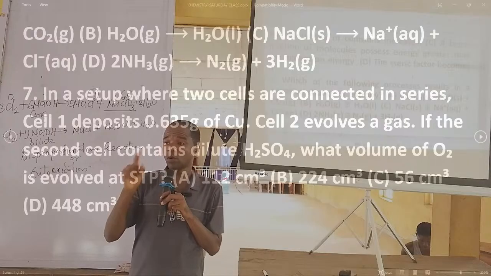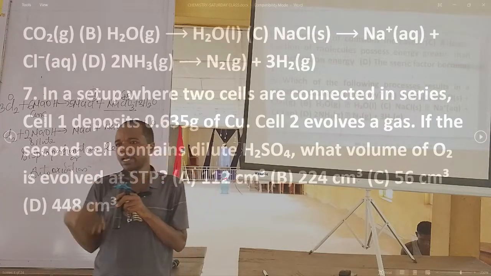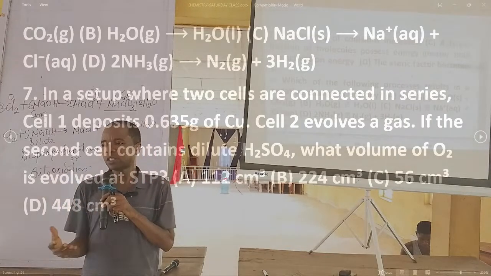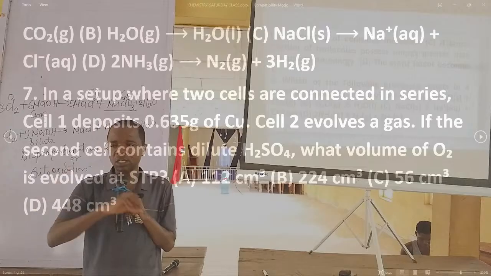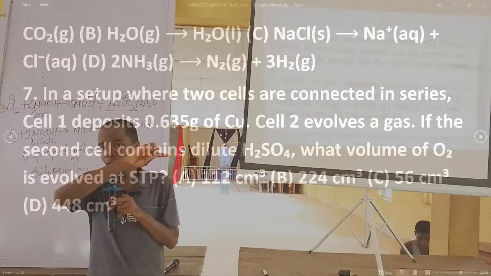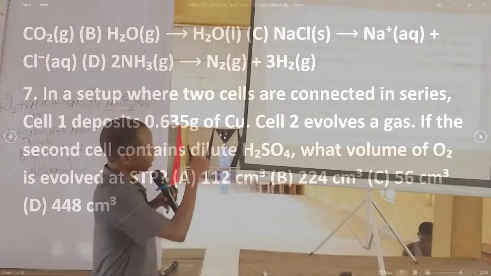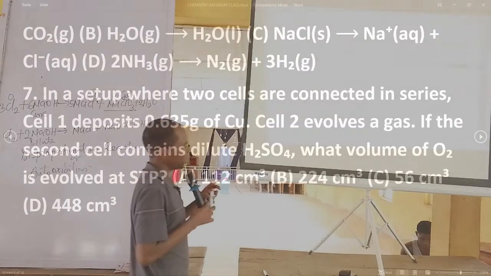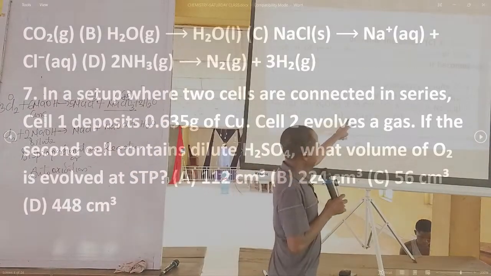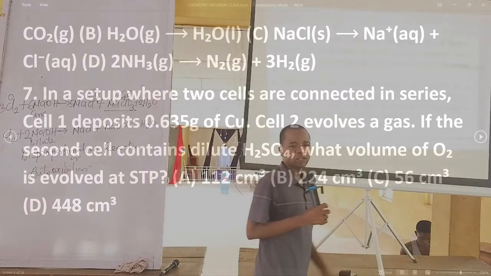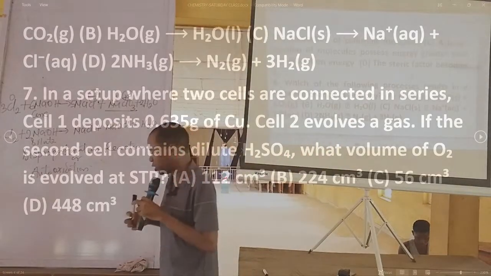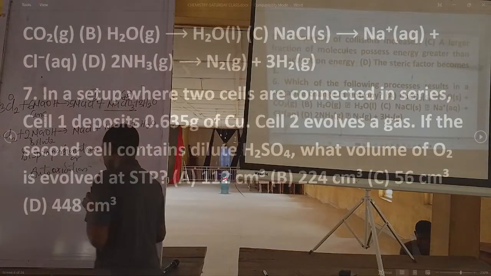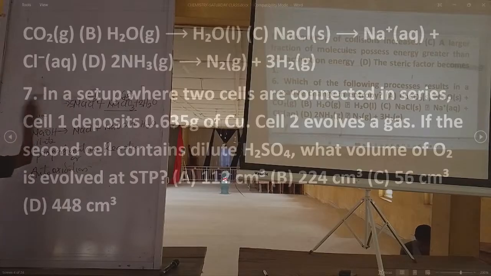Not only that, you can also calculate and find out if a particular reaction has positive or negative entropy change from the balanced equation. Let's take a look at option D. Like I told you, the question mark here is actually supposed to be an arrow pointing from the reactant to the product.